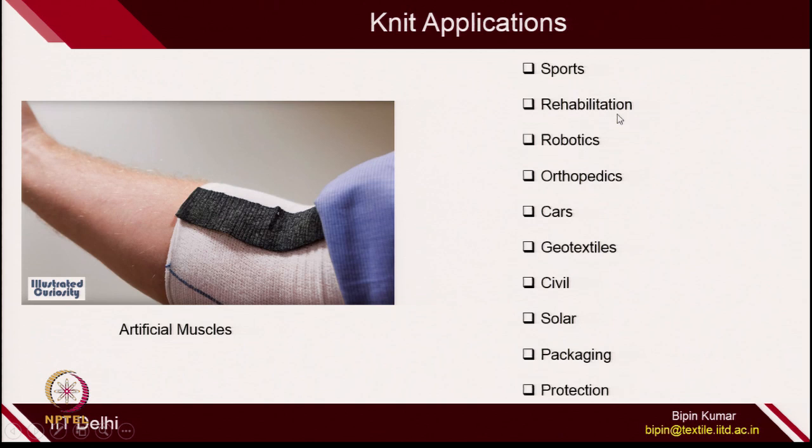For example, artificial muscles, sports, rehabilitation, robotics, orthopedics, cars, geotextiles, civil, solar, packaging and protections. So, now you can see how important it is to understand knitting, because knitting is really a very useful platform. If you understand knitting and its potential, I am 100% sure that you would be able to generate innovative products in your area.